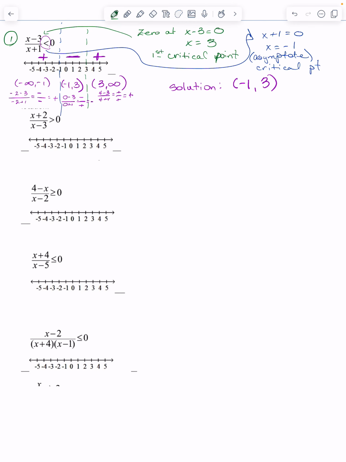The second one, I've got (x + 2)/(x − 3). Again, we're strictly greater than 0. So my x + 2 = 0, so x is −2. And again, strictly greater than, I'm not going to worry a whole lot. I got x − 3, that equals 0 when x is 3.